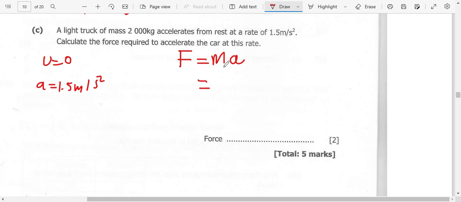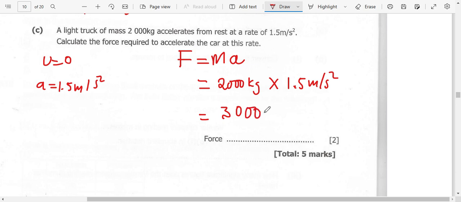So the mass is 2000 kg multiplied by the acceleration, 1.5 meter per second squared. If you multiply 1.5 by 2000, this is going to give us 3000. Force is in newtons, so this is the answer.